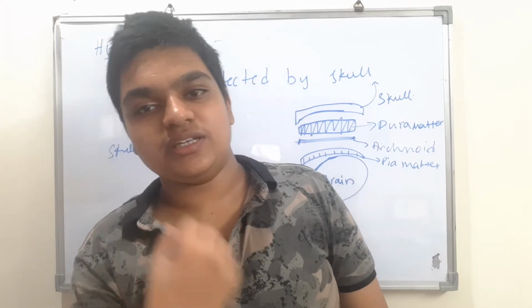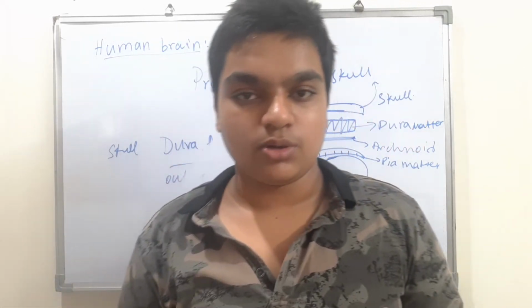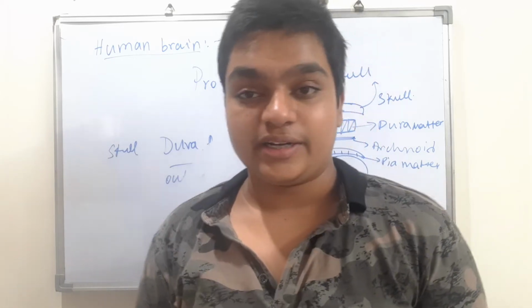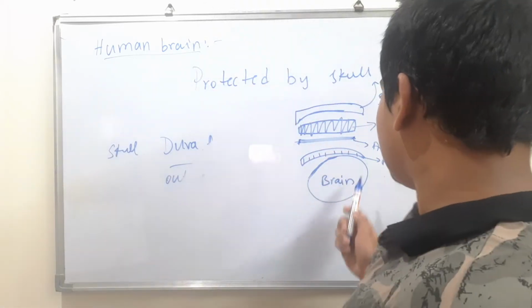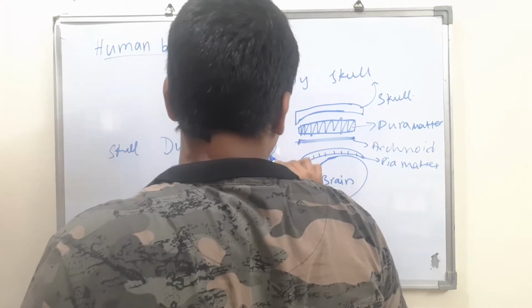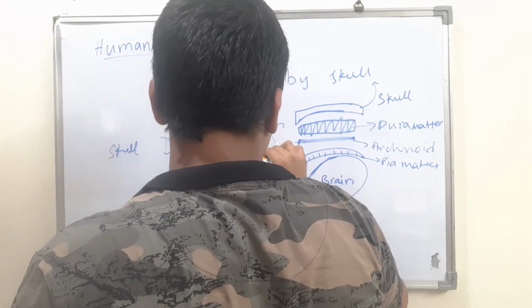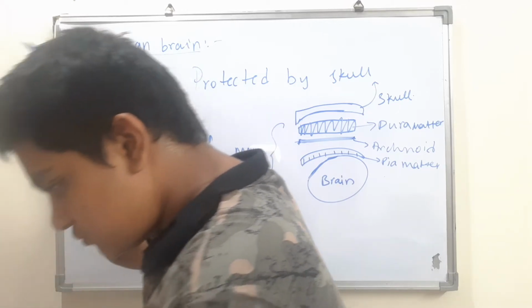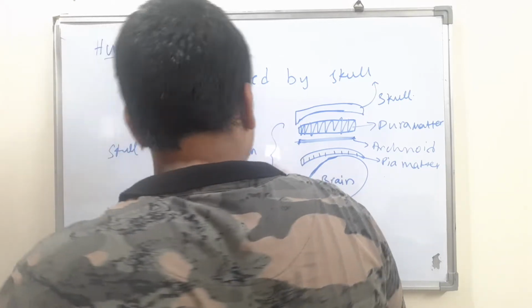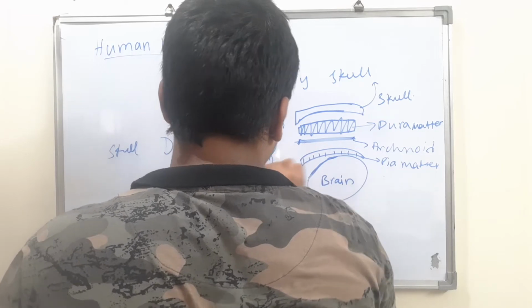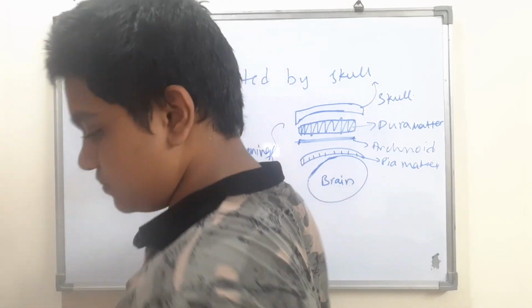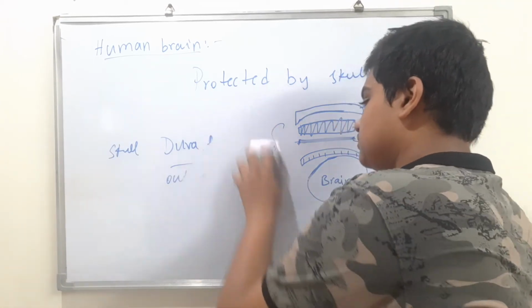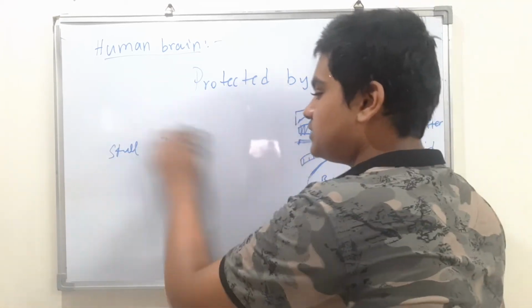So the meninges attached to the cerebral cortex of the brain is the pia mater. We call these the meninges. Just remember them as layers.